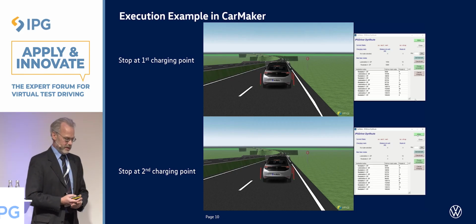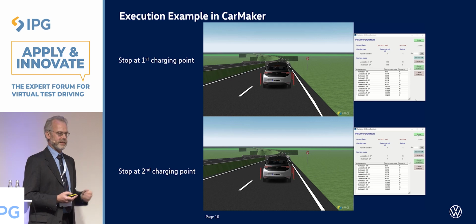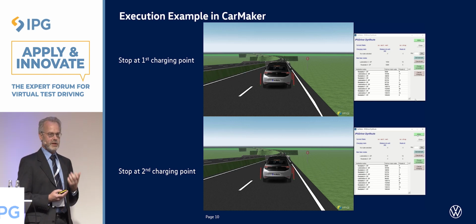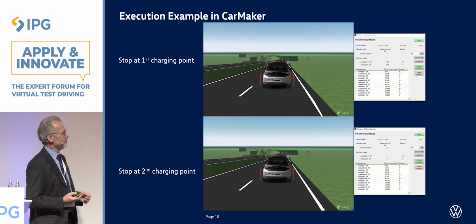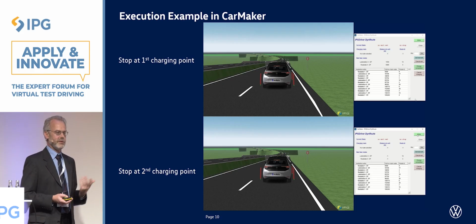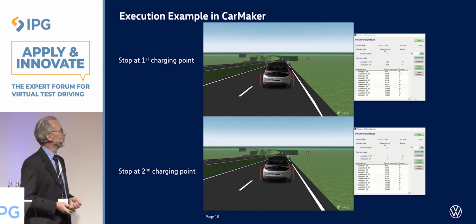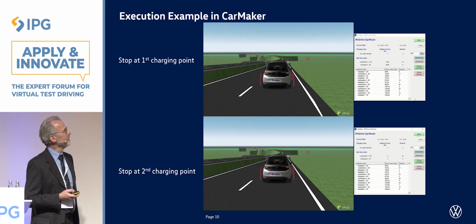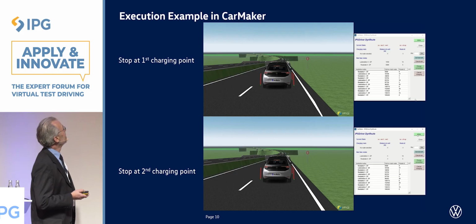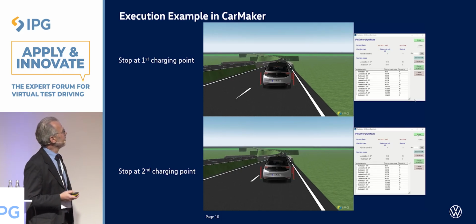In the upper simulation, we will use the next exit button to use the first available exit for a charging stop. In the lower one, we will enter the route ID to use the second stop. So you can observe the inputs done during the simulation on the right-hand side. And so let's start the simulation.